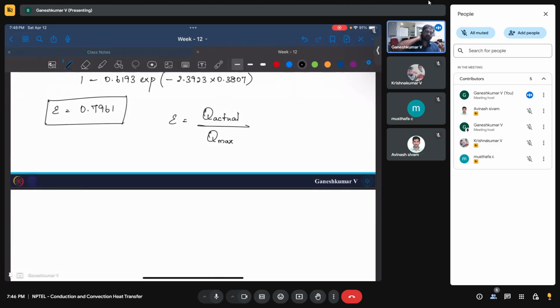And similarly, the cold fluid can reach up to the hot fluid temperature, because that is the temperature at which the hot fluid enters. So here the cold fluid has the C min. So Q max is m dot C min times TH1 minus TC1.